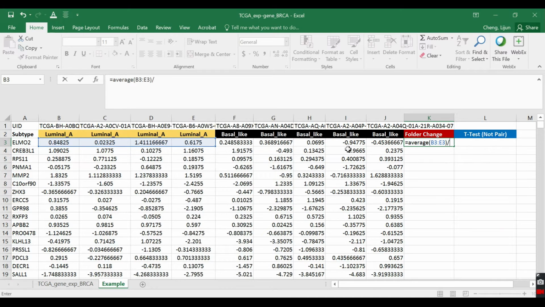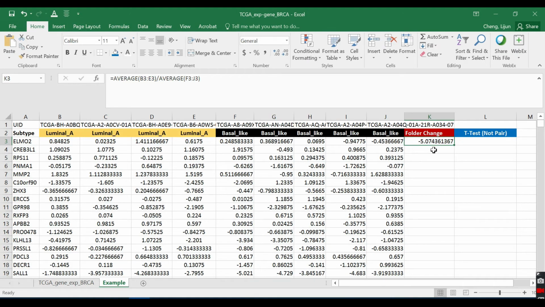This is the basal-like. Click enter. All formulas in Excel start with the equal sign and give the average of the first group, and here the average of the second group. That uses the ratio of the means.